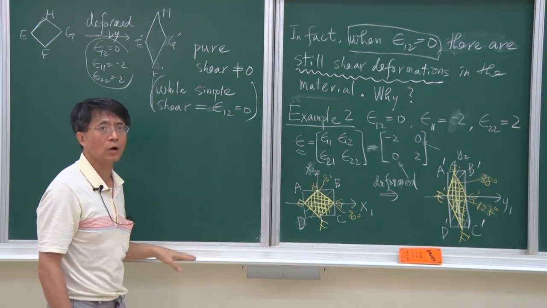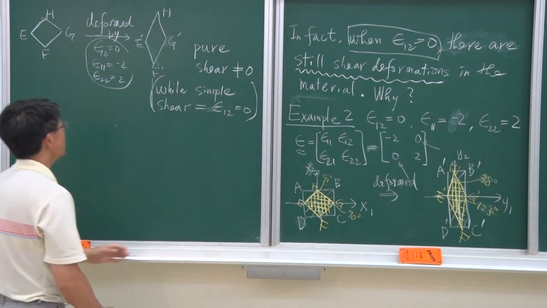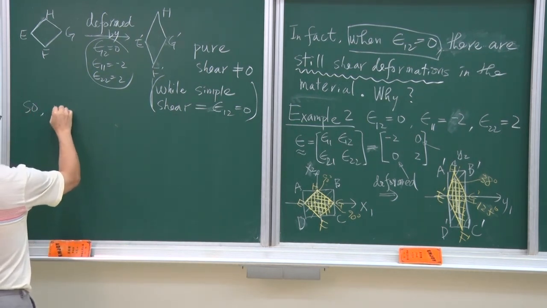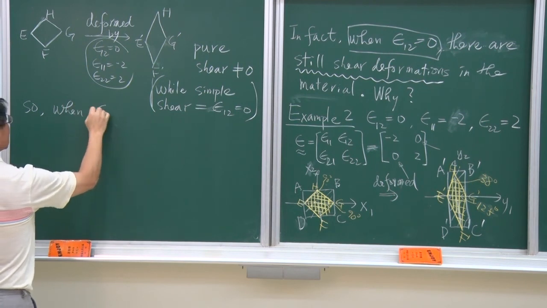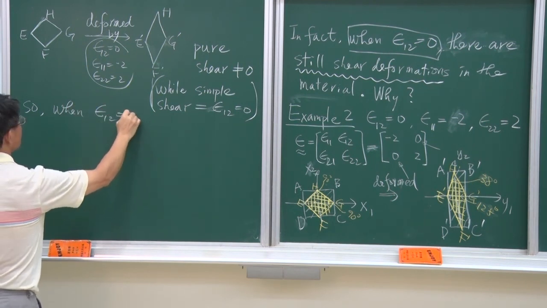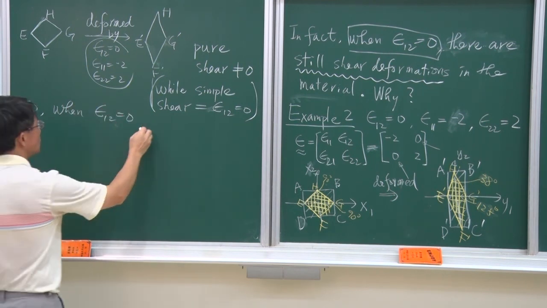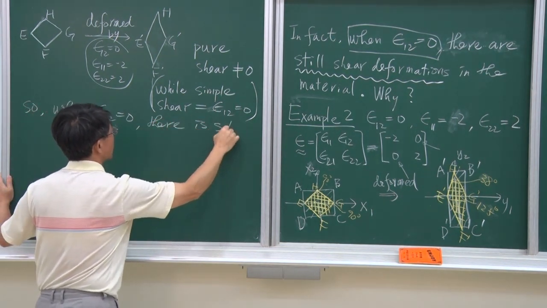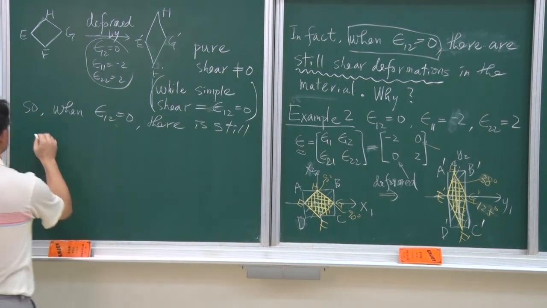They are two different concepts. So when ε12 equals 0, there is still shear.